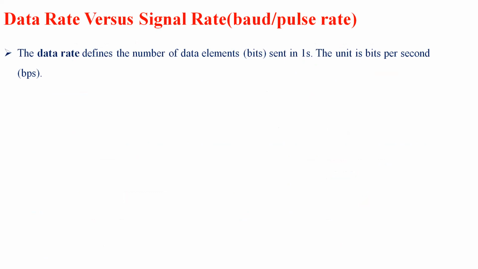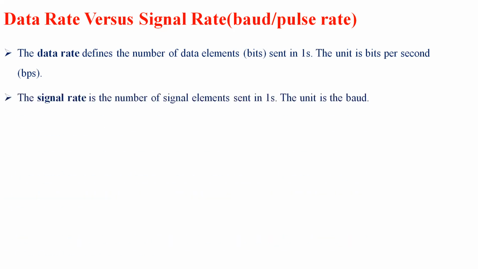The unit of data rate is bits per second, written as bps. Whereas the signal rate is the number of signal elements sent in 1 second, and the unit we use to measure the signal rate is baud.